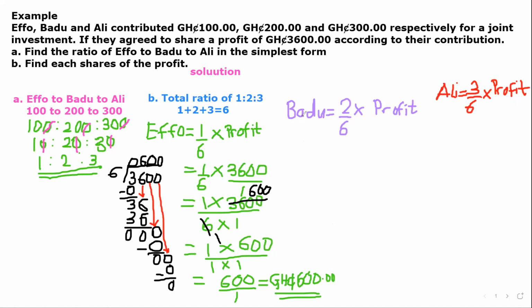You know, the fraction for Badu is 2 out of 6. So you multiply 2 out of 6 times the profit, which is 3,600.